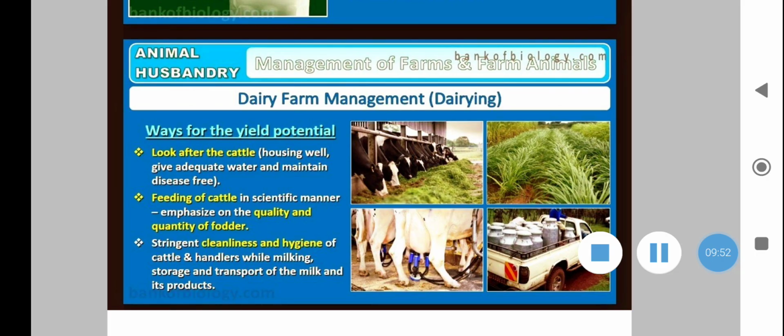In India, cows and buffaloes are mainly used for dairy farms. This is very important: Sahiwal, Sindhi, Gir are Indian breeds, and Jersey, Brown Swiss and Holstein are exotic breeds, which are used in dairy farming.